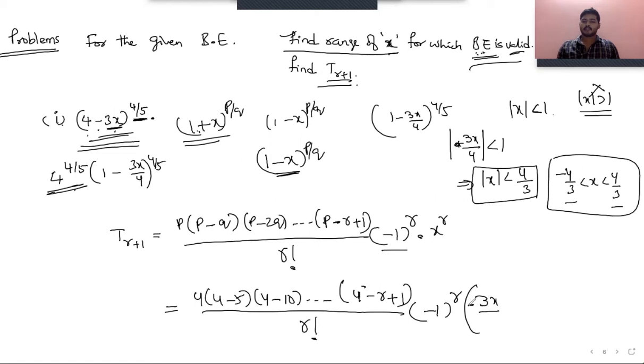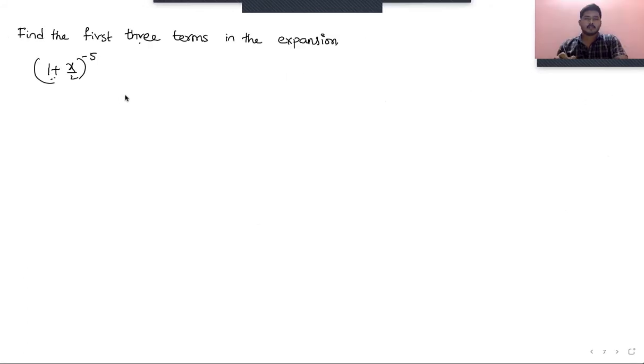The minus we have already taken as minus 1 whole power r. So you can take (3x by 4) whole power r. Suppose in the question they provide you the value of r and the value of x, you can easily calculate T(r+1), right? So we'll finish this sum and come to the next problem.